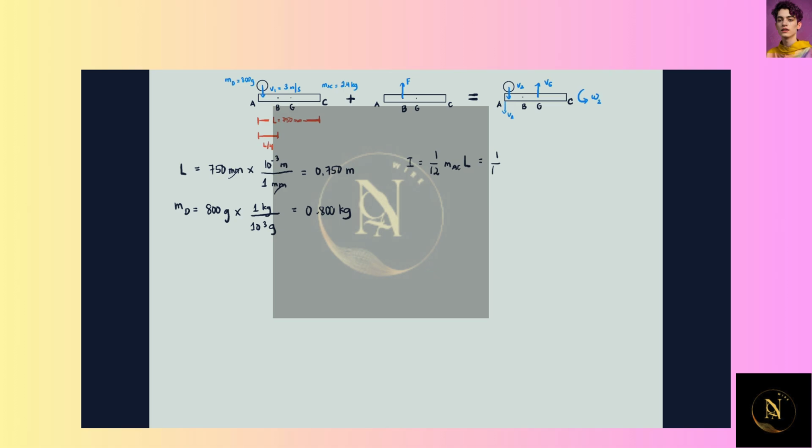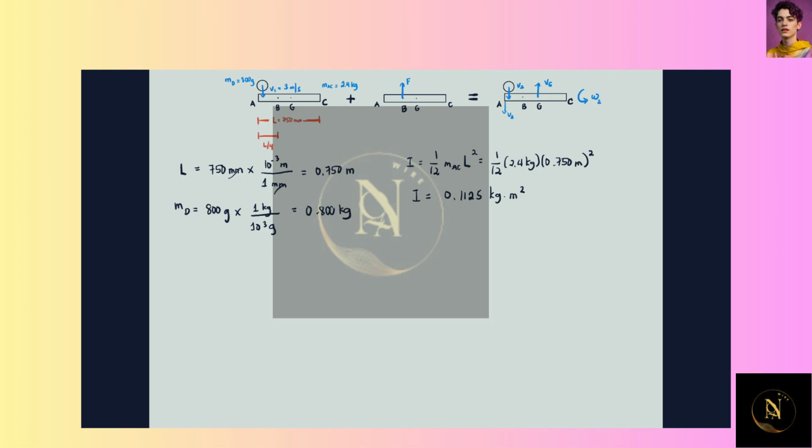This would be equal to 1 over 12 times 2.4 kilograms times 0.750 meters squared. So I equals 0.1125 kg meters squared. So these are our given values.